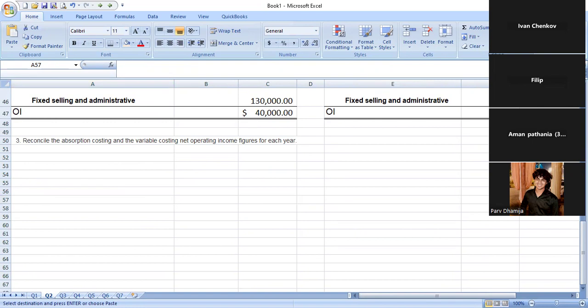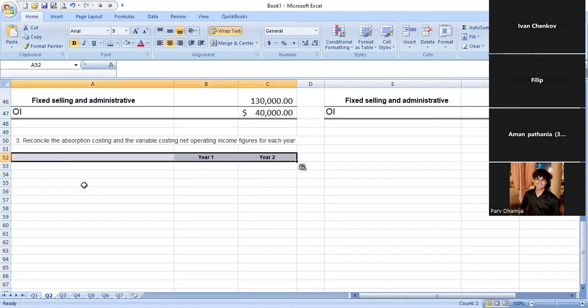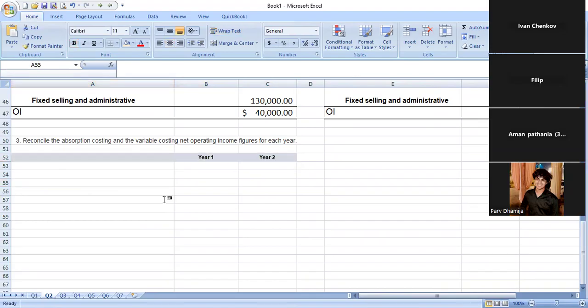What we have to do is get the 2 years, year 1 and year 2. We're going to get the beginning inventory, plus the units produced, minus units sold.